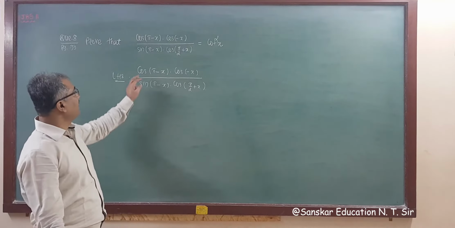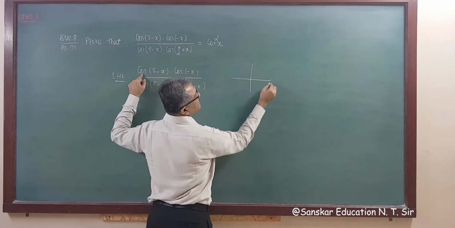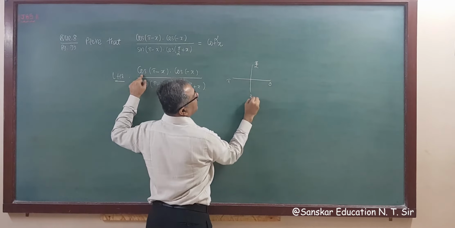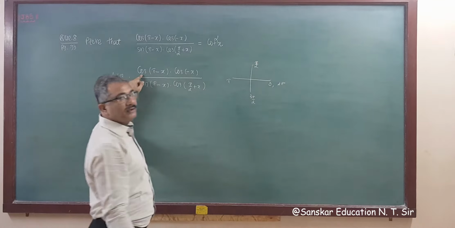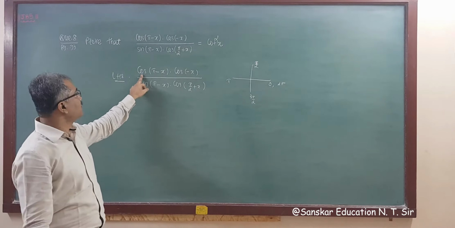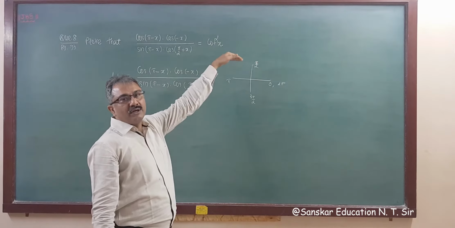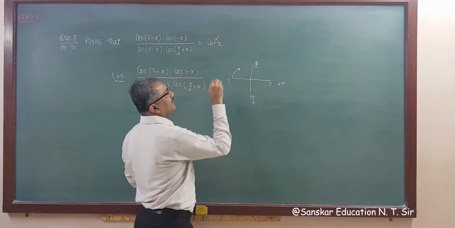We learn this cos(pi - x) is here. This is 0, pi by 2, pi, 3 pi by 2, and this is 2 pi after completing one revolution. So pi is here, minus means we have to go in the clockwise direction. So that is in the second quadrant, right?